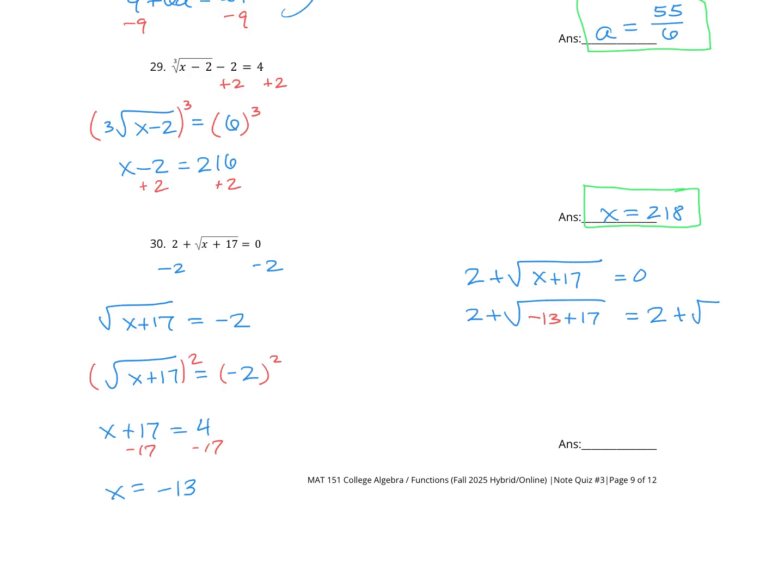So that's the square root of 4. So you're telling me that 2 plus the square root of 4 is going to make a 0. And it doesn't, because that's 2 plus 2, which is 4. And again, that is not equal to 0. So that negative 13 we got is no good. We do not want to keep it. So we're going to toss out the one answer we got, and we're going to write down no solution again.